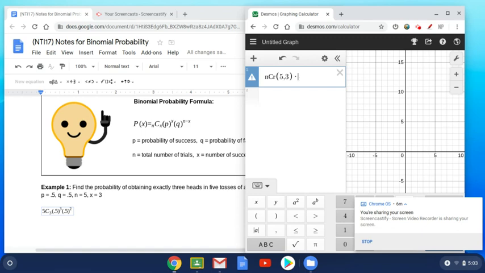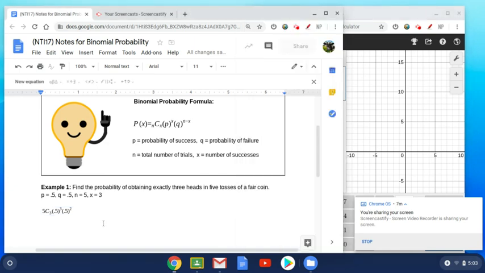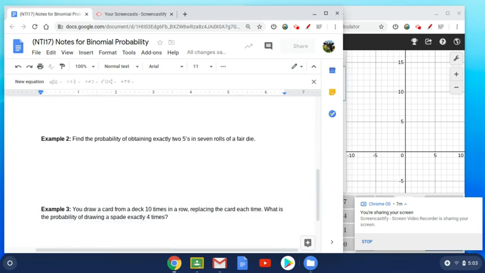Times, okay, 0.5 to the third, times 0.5 squared. So right there, my probability if I flip a coin 5 times of getting heads 3 times is 0.3125. And then you're done. Let's take a look at example 2.